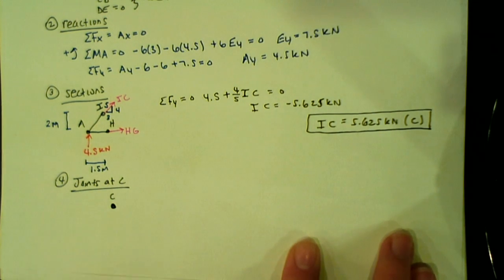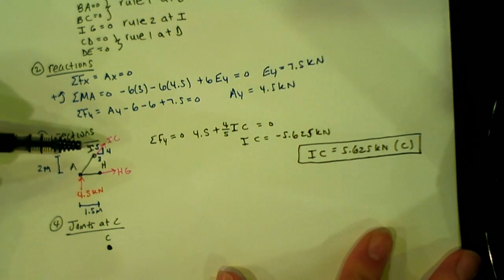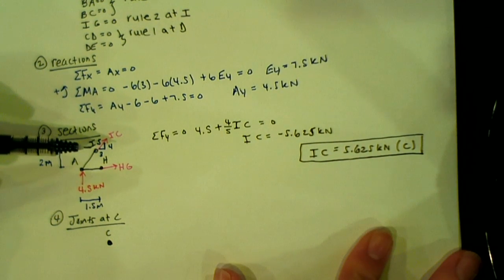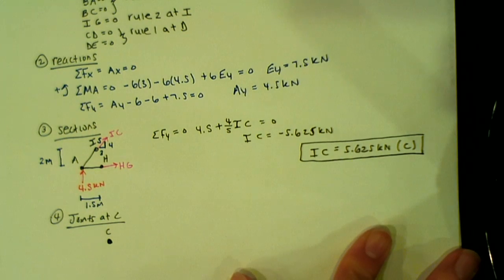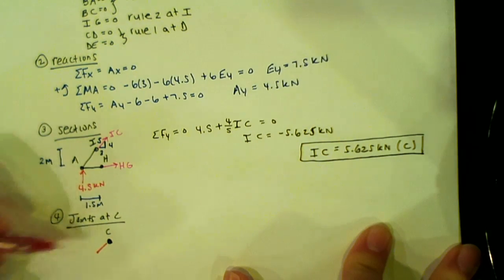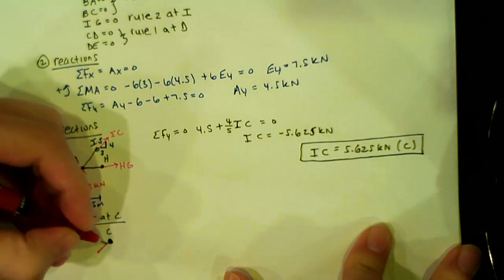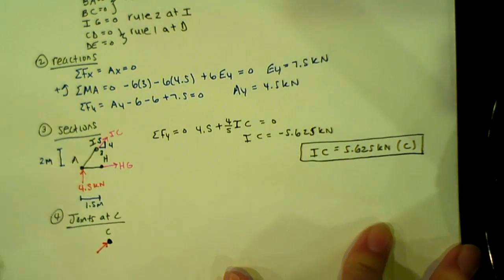Are you sure? Because up here we have it drawn this way. It's leaving it. Good. So if we drew it going away from joint C, that would be tension. We don't want tension. We said that it's in compression. So it's actually entering that joint.